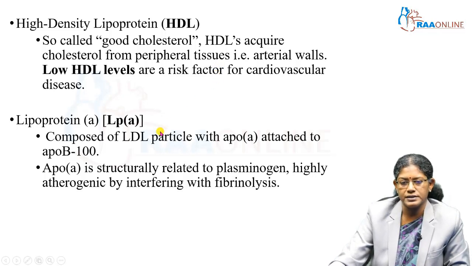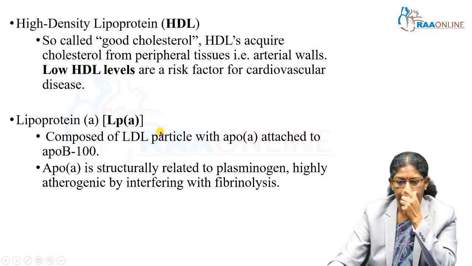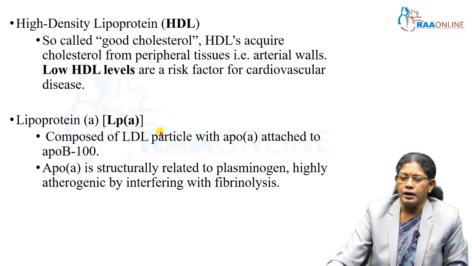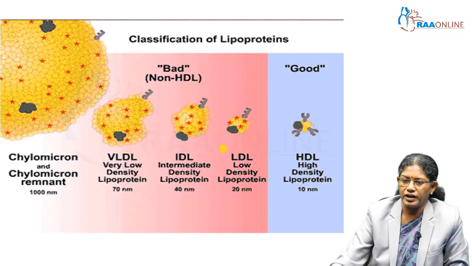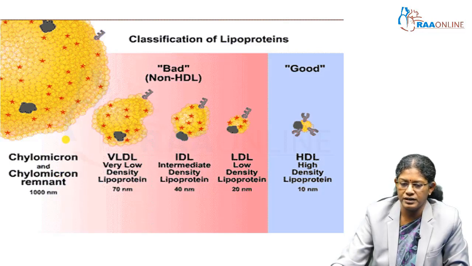These lipoproteins are present in our plasma and they are bound with proteins. Depending upon the protein, apo-A or apo-E mediated, they will bind with the arteries or the skin or the tendons. So chylomicrons have a very big structure and are the dietary origin of triglycerides, and VLDL is secreted by our liver and converts into IDL, intermediate density lipoprotein, and LDL, low density lipoproteins.